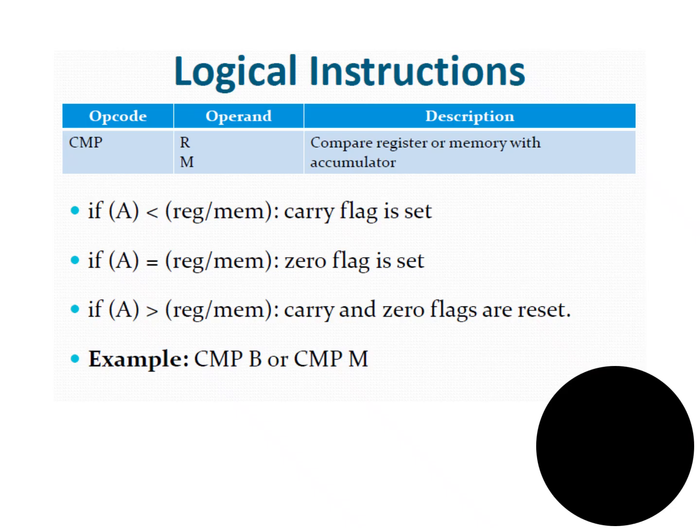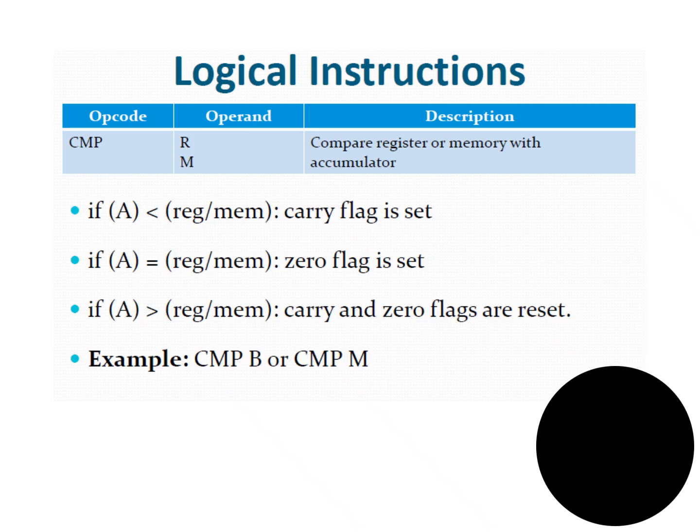Greater than means the carry flag and zero flag will be reset. So the compare operation is basically a subtraction operation. Okay, so for example, let's take A as 2 and B as 1. So 2 is greater than 1. So what happens is, the carry flag will be reset.